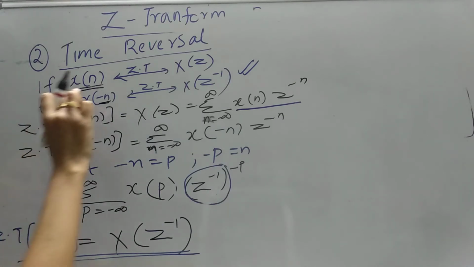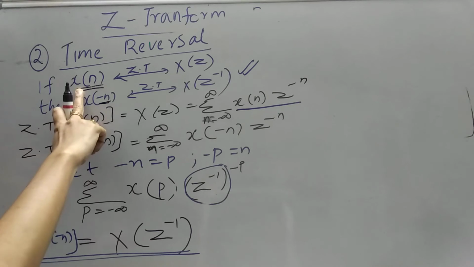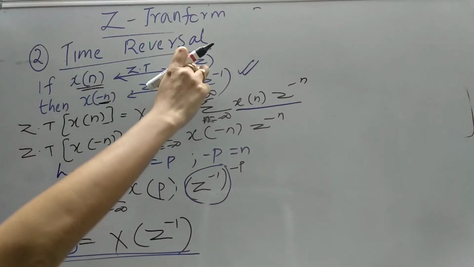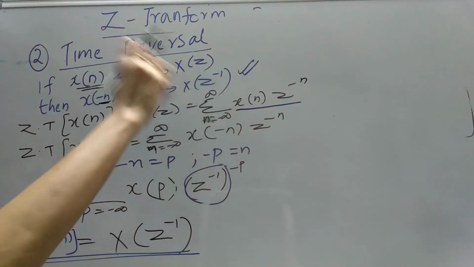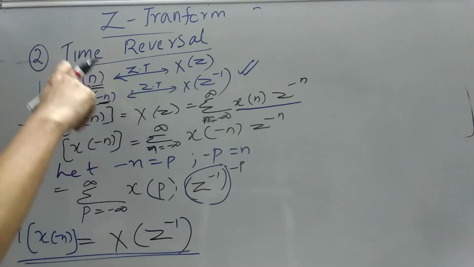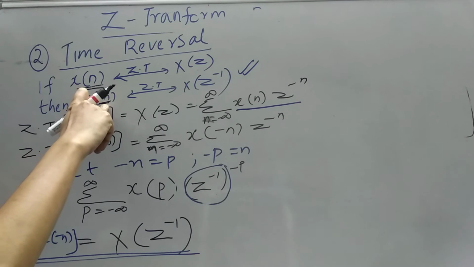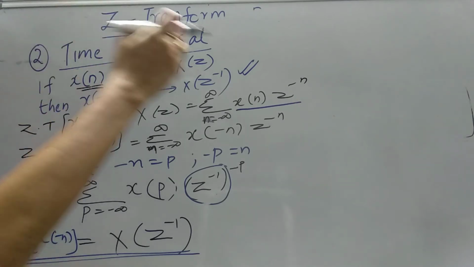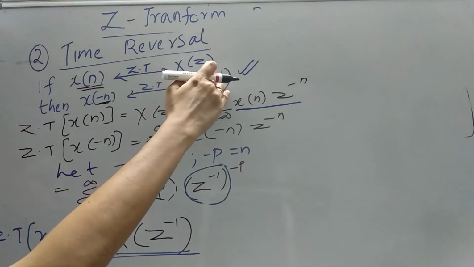So once again, if the discrete time signal x of n has a z transform X of z, then x of minus n, where x of n is a purely right-sided signal and x of minus n is purely a left-sided signal, will have the z transform X of z raised to minus 1.